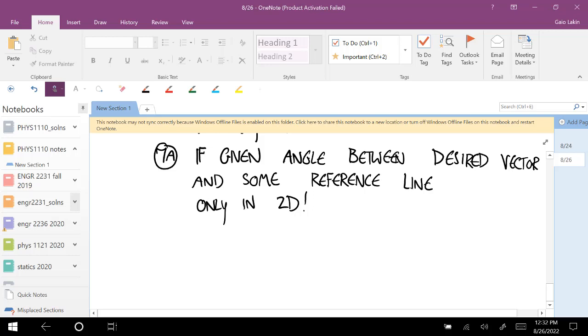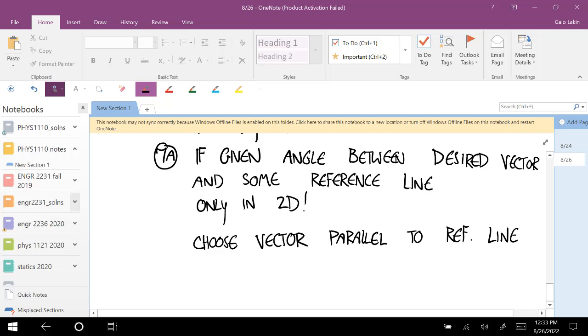So for this one, you're going to choose a vector parallel to the reference line, and find the counterclockwise angle theta from the positive x-axis to that vector you defined.